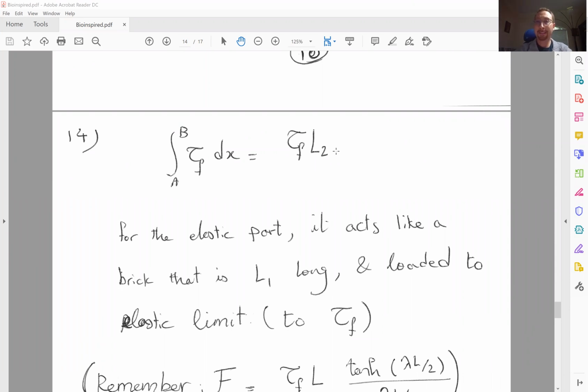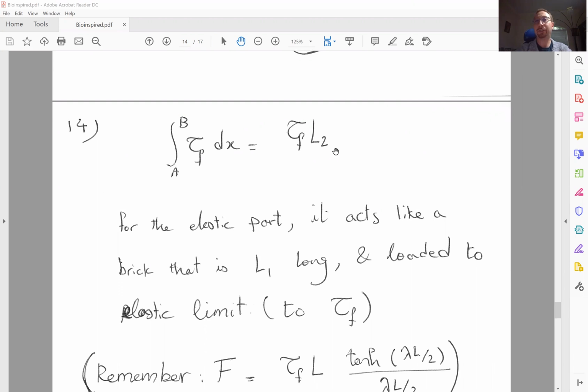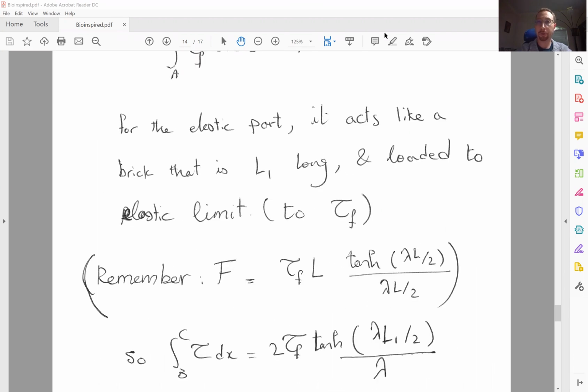Now, for the elastic region, it's a very interesting problem, but it's a problem that we have already addressed. Let me just make that case for you. Imagine this is tablet 1, and this is tablet 2. Also imagine that a region in between here is the region where the tablets have deformed elastically.